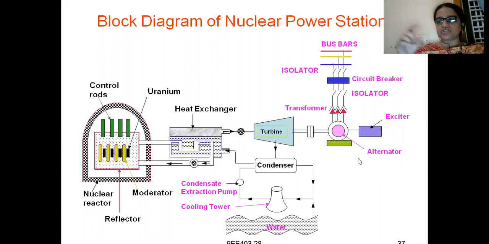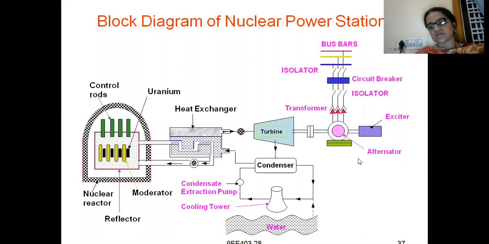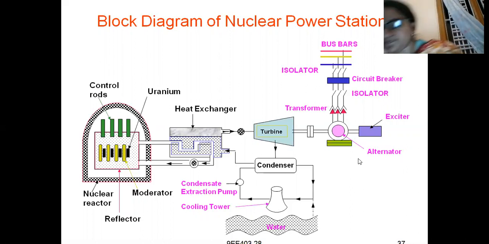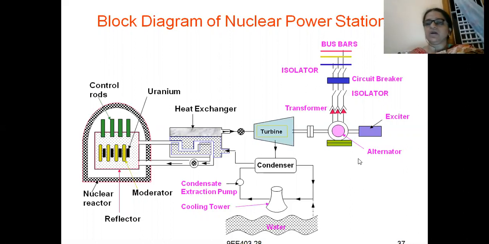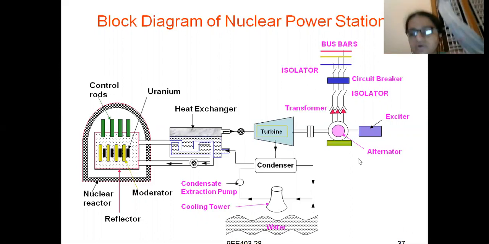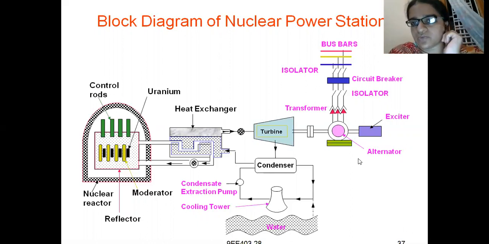Around these tubes through which the exhausted steam is passing, you will try to circulate water from a natural resource which is nearby, or you will use a cooling tower to cool the water which is around the tubes in the condenser.